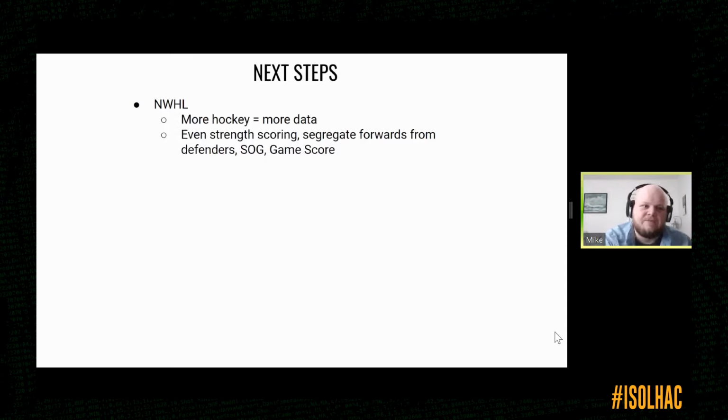I plan to develop game score for the NCAA. That's my ongoing project now in the off season, using game score as a way to get a better idea of what that transition looks like from collegiate hockey to the pro game.